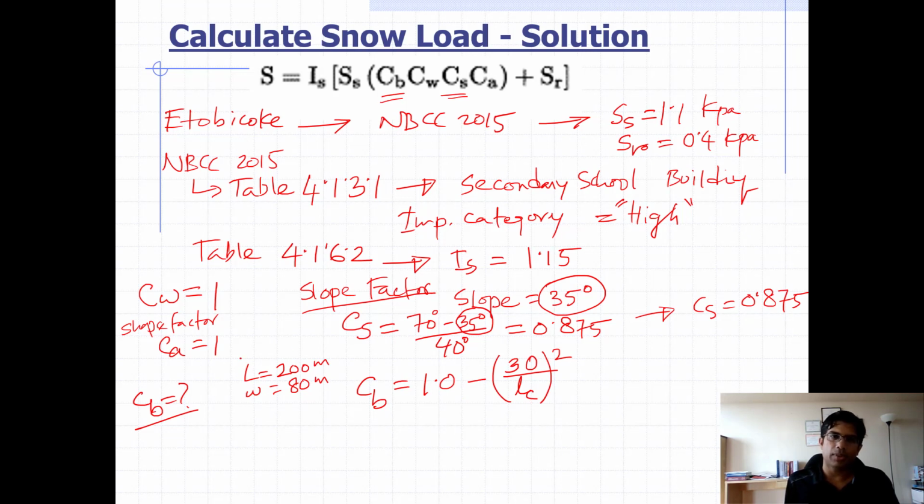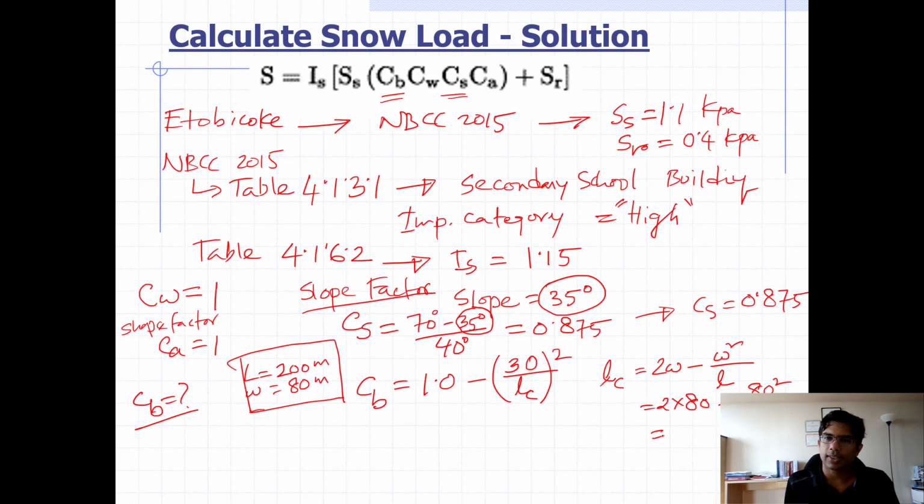We are given the length and width. From there, we can calculate LC equals 2W minus W squared by L, which is 2 multiplied by width 80, minus 80 squared, and the length is 200.